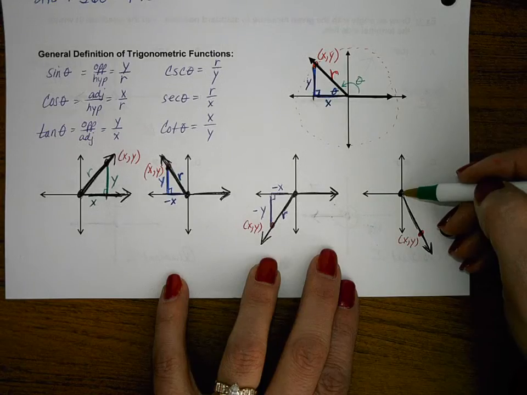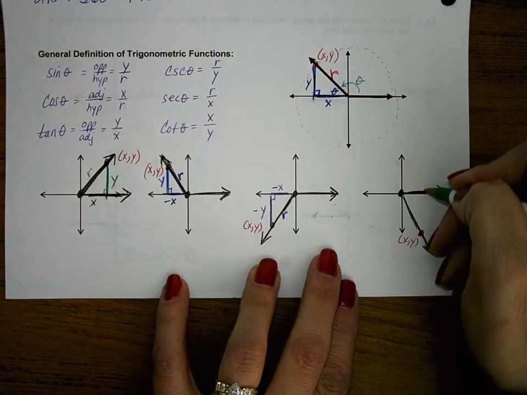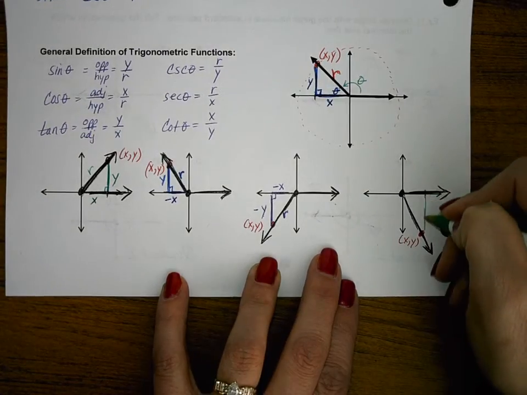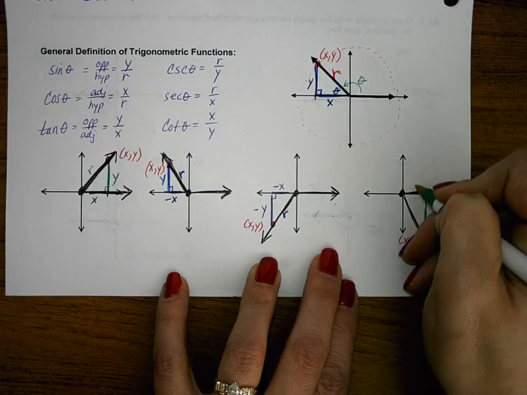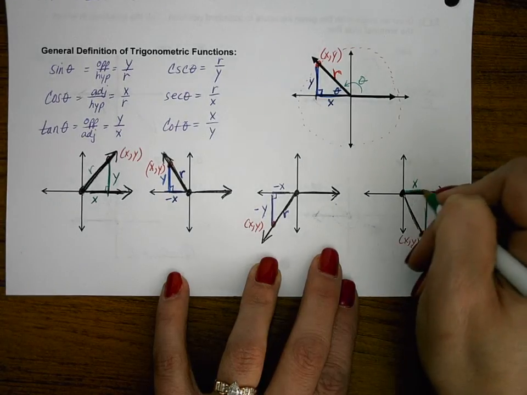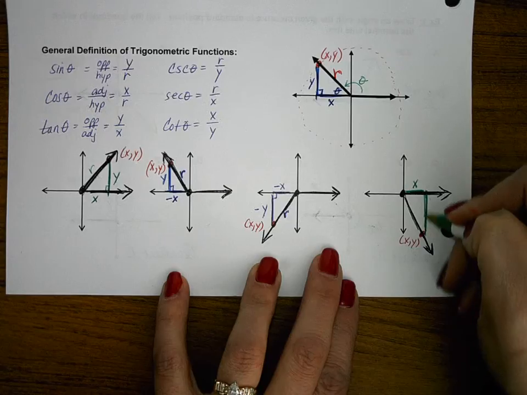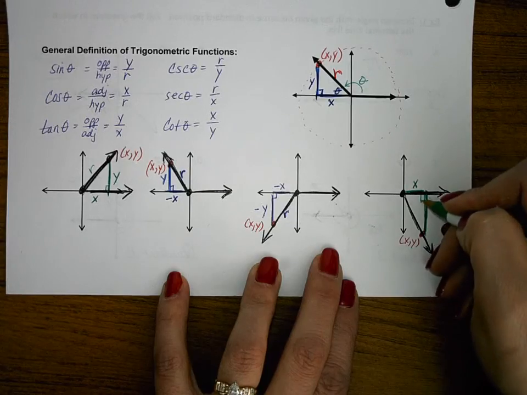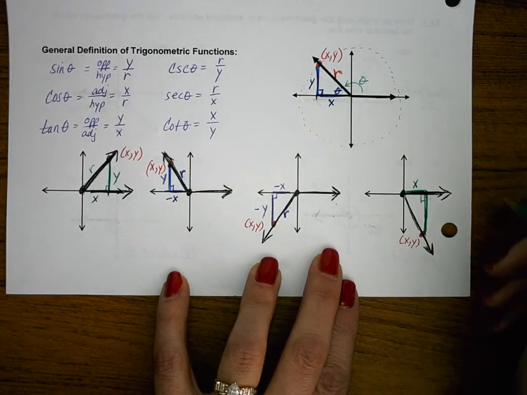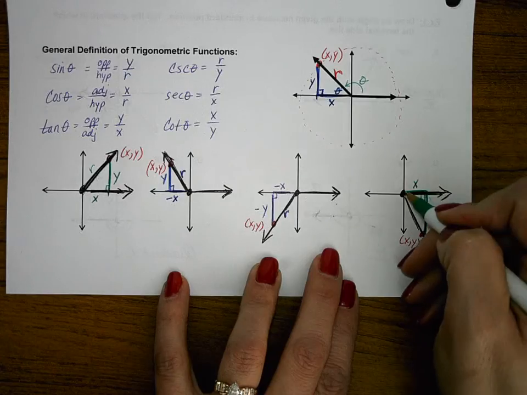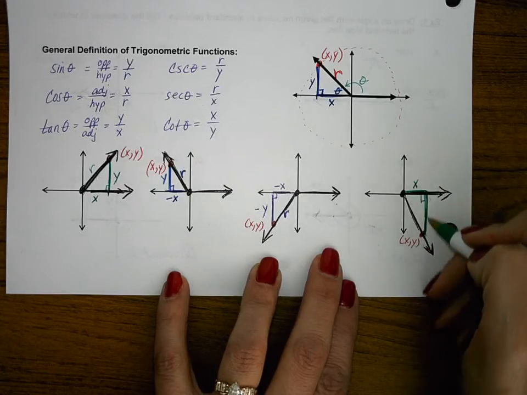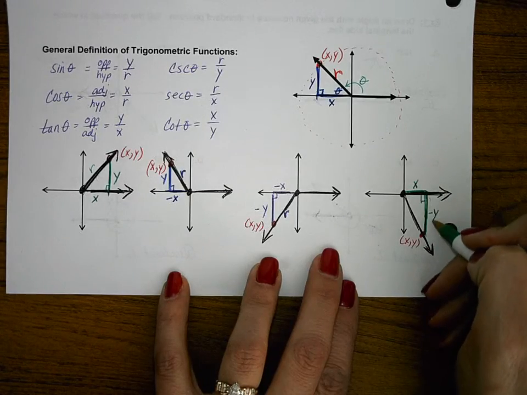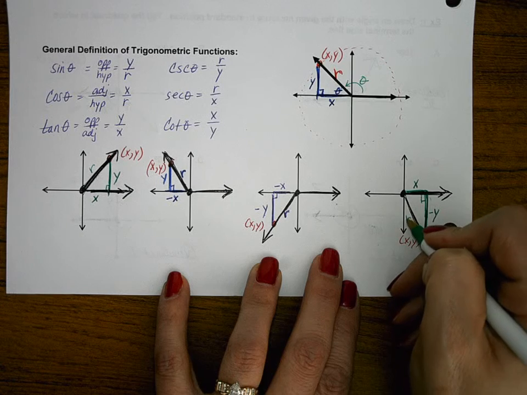I'm going to go to the right x and then down y. Now, are any of those numbers going to be negative? Yeah, the y. I go right x, that's positive x, and down y, so that's going to be a negative y. And the radius of that circle is still going to be positive.